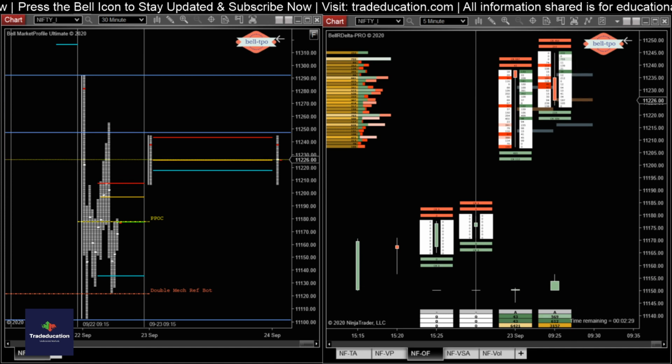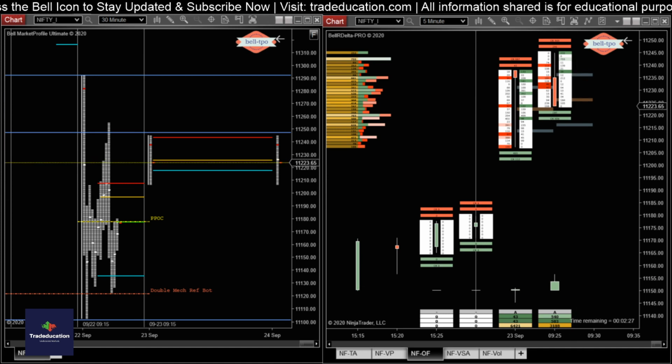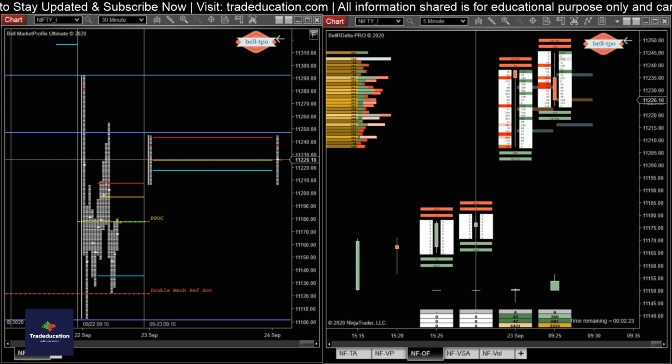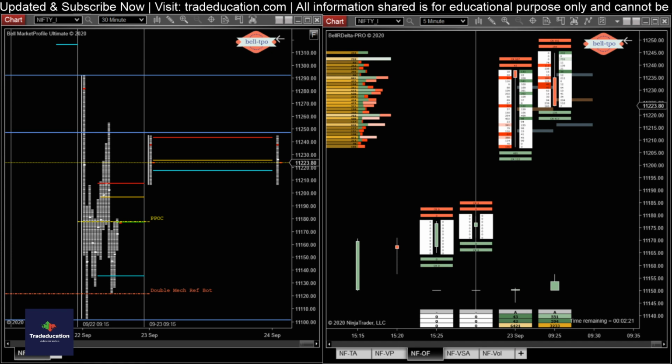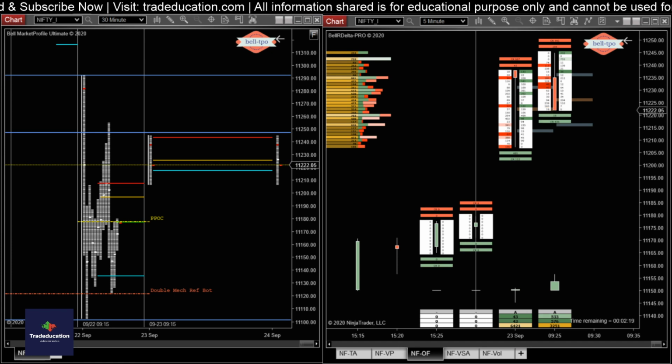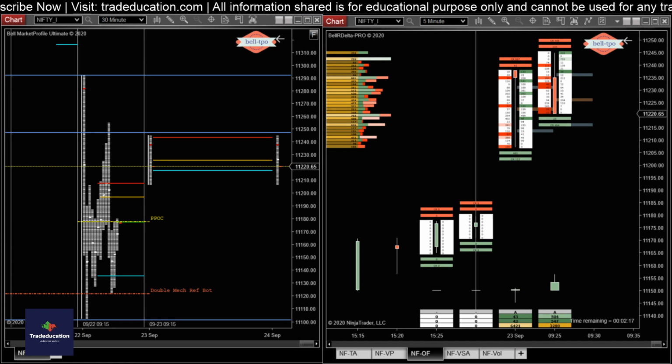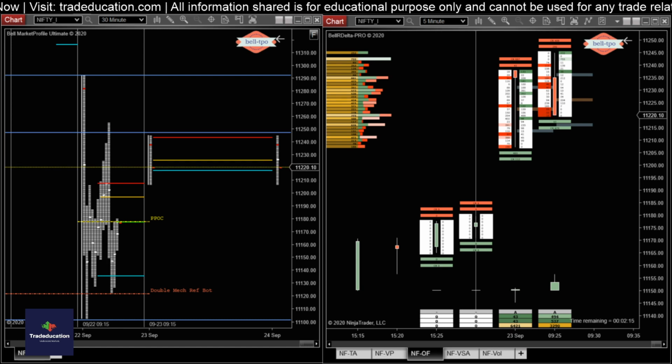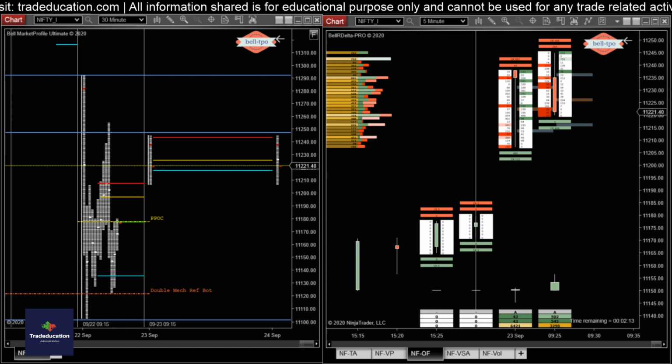Nothing, no major changes going on. Just hovering around VWAP. And momentum sellers are stepping in. Lack of buying seen.